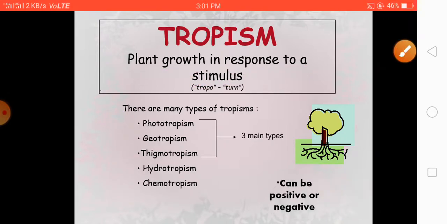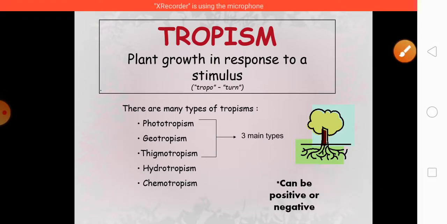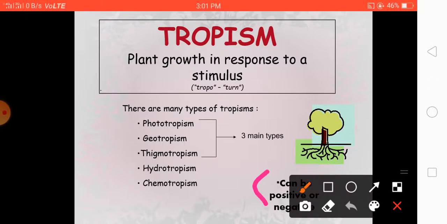The first one is phototropism, second is geotropism, third thigmotropism, fourth hydrotropism, and fifth chemotropism. The first three tropisms are the main, and here it can be a positive side or else a negative.